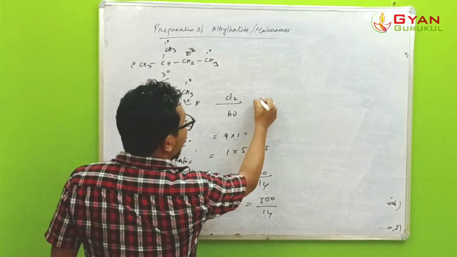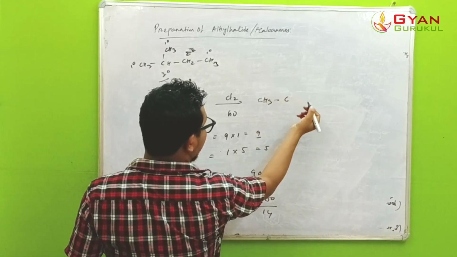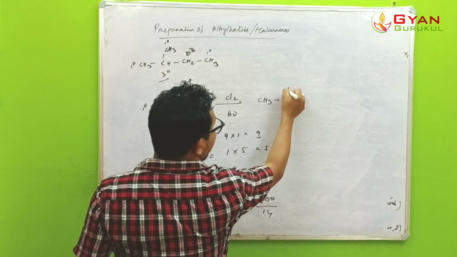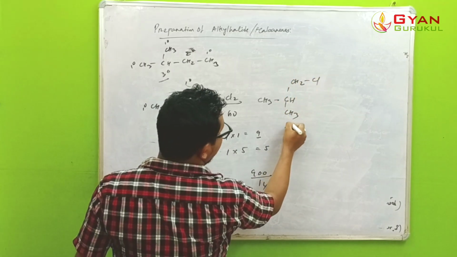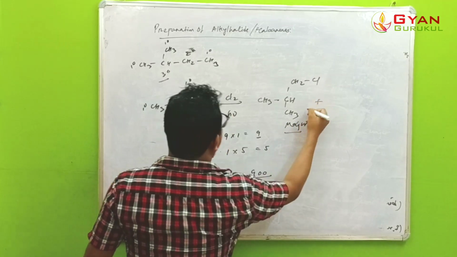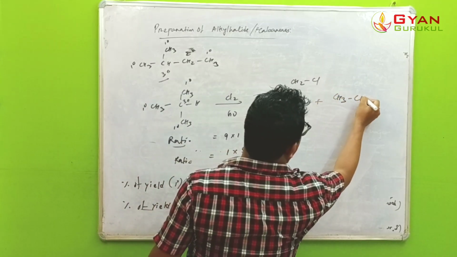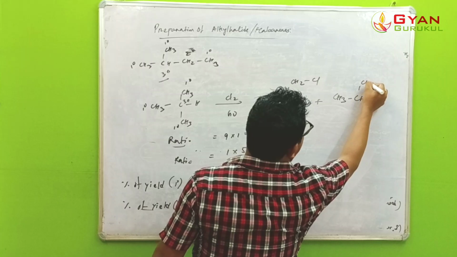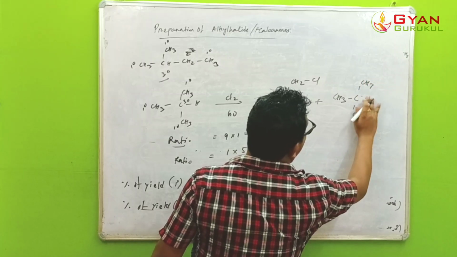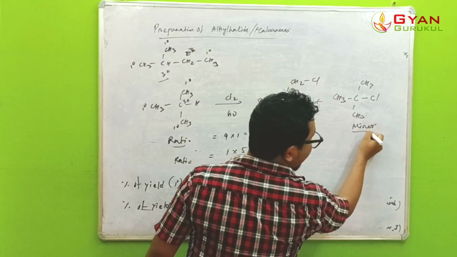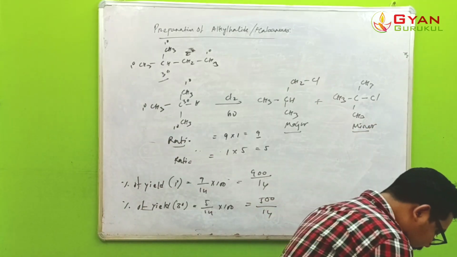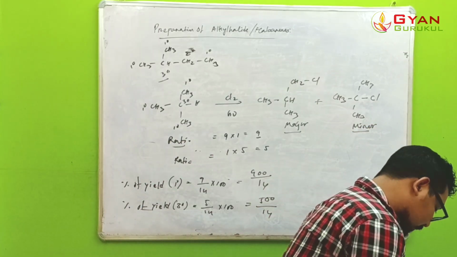Which one will be the major product here? This CH3CH2CH2Cl product from the primary carbon will be the major product, and the one from the tertiary carbon, CH3 CH CH3 with chlorine, will be the minor product. If we calculate the percentage, the yield for primary will be 64% and for tertiary 36%.